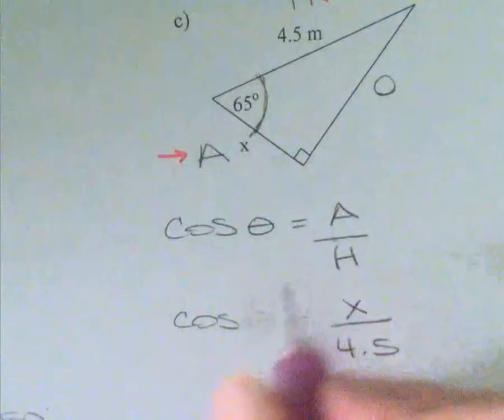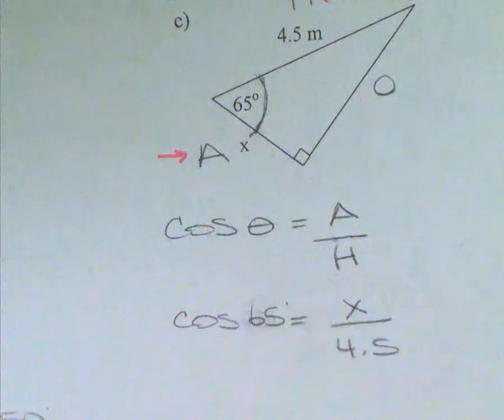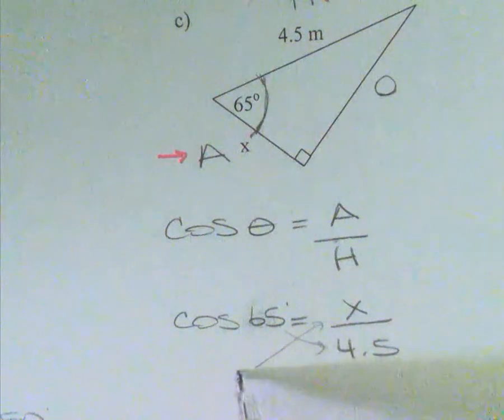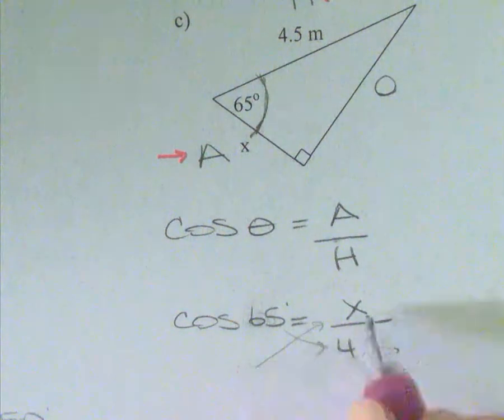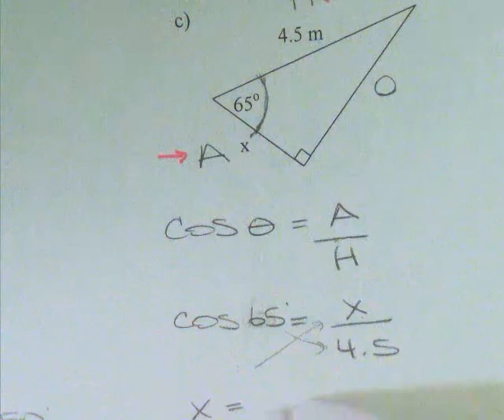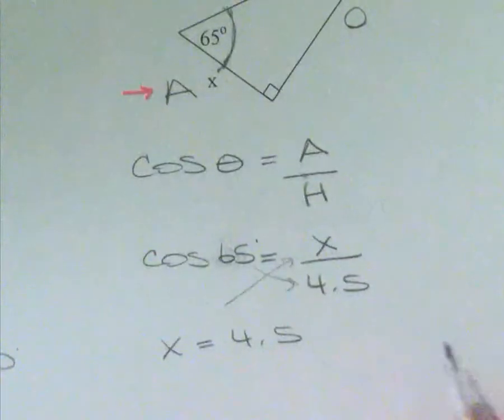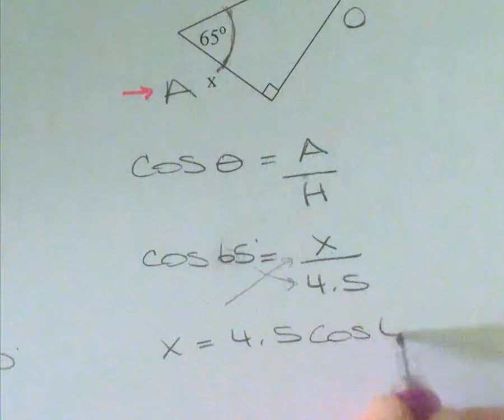That should be cos of 65. So again, I'm going to cross multiply. This is over 1. So this is 1 times x is x. And I have 4.5 times cos of 65.